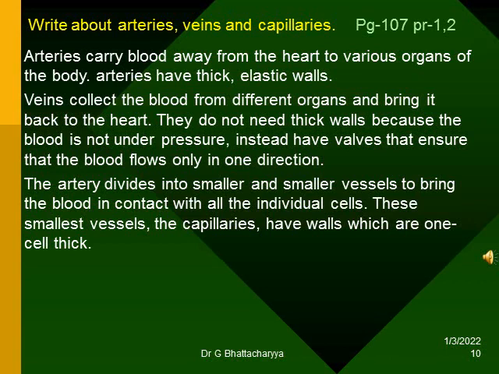Instead, they have valves that ensure that the blood flows only in one direction. The artery divides into smaller and smaller vessels to bring the blood in contact with all the individual cells. The smallest vessels, the capillaries, have walls which are 1 cell thick.